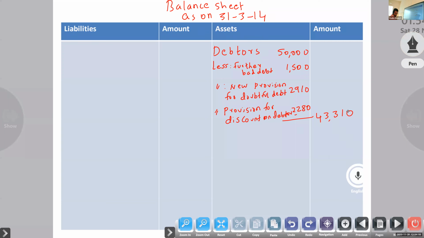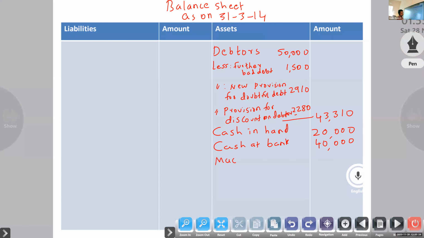Okay, so next, cash in hand, cash at bank. Assets, you have to look for any adjustment. No adjustment. Cash in hand 20. Then cash at bank 40,000, no adjustment. Next machinery.